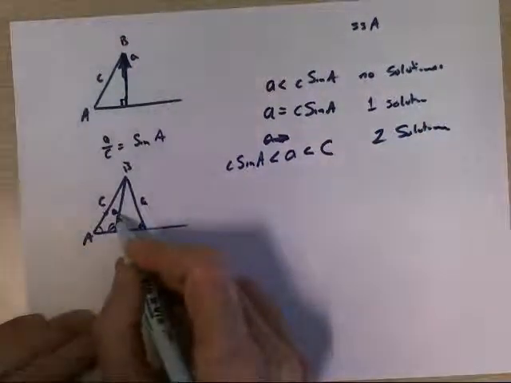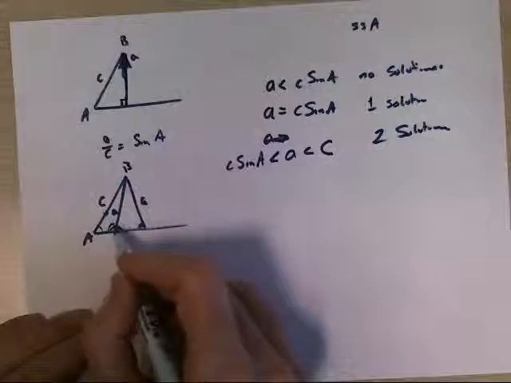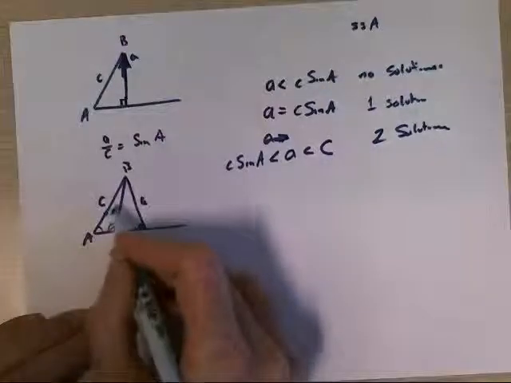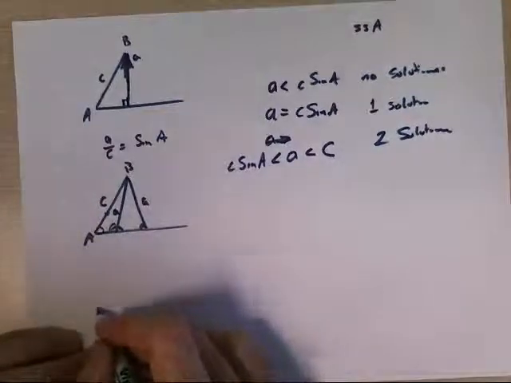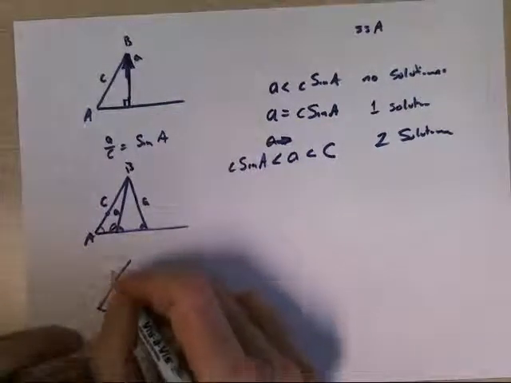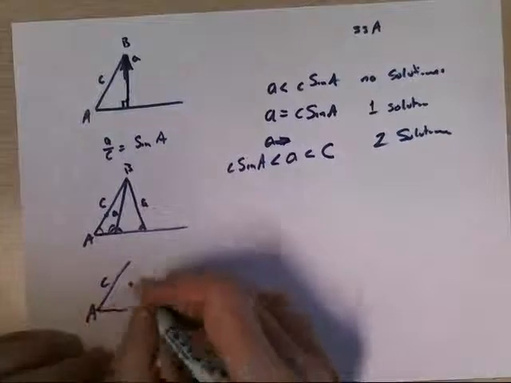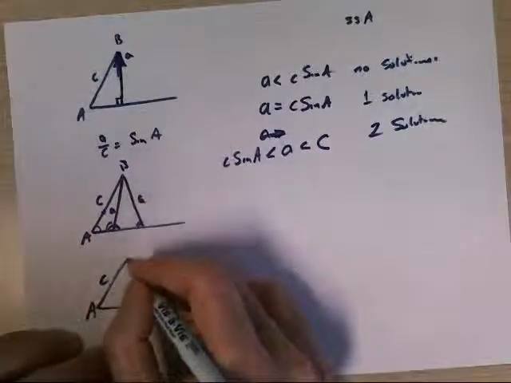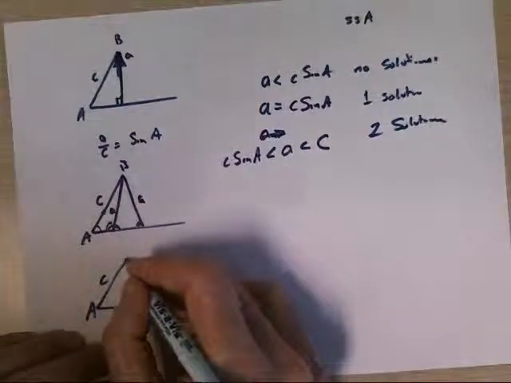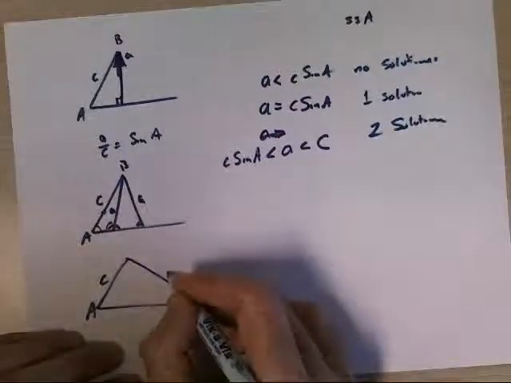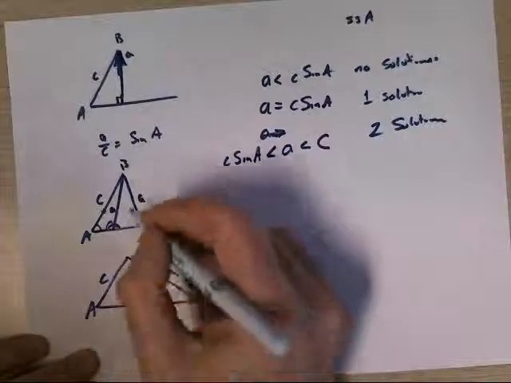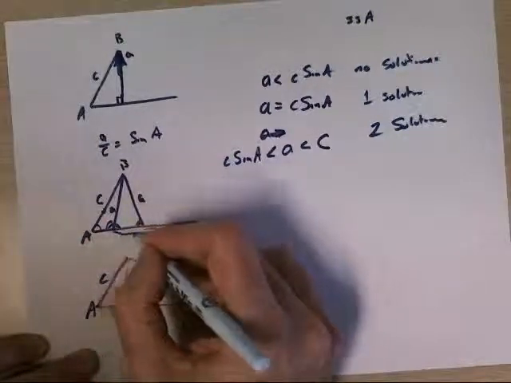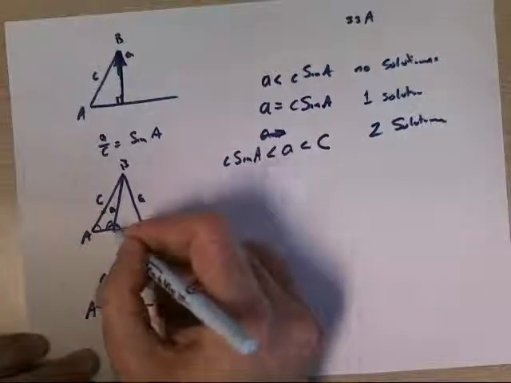When a gets big enough so that it's actually bigger than side length c, then you don't have this option in here. You only have one option. So when little a is big enough that it's bigger than c, you get this answer out here, but the other one, which would be if you took this side and swung it around, like on a circle, it hits here, it hits there.